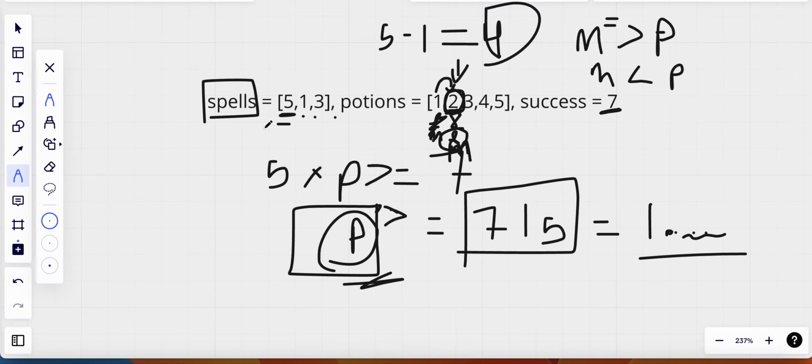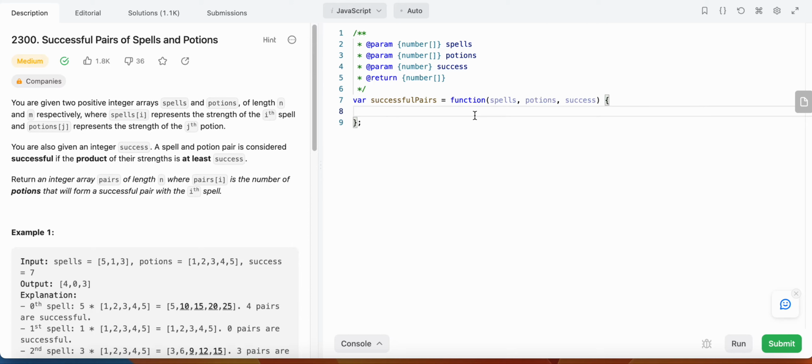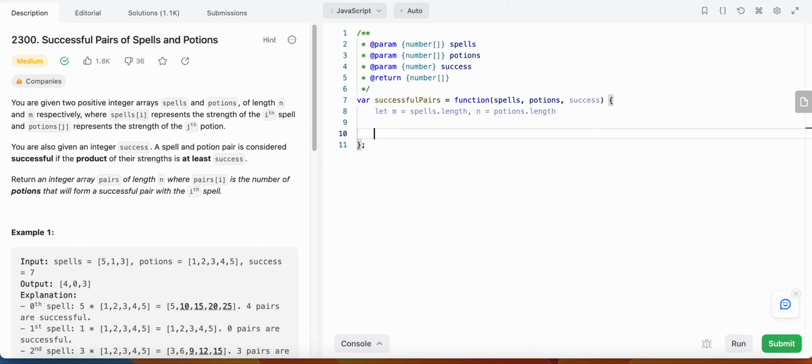So for this solution, we are going to perform binary search. Now let's try to code our solution. First of all, let us define m equals spells.length and n equals portions.length. All right. Now let us create our binary search function.